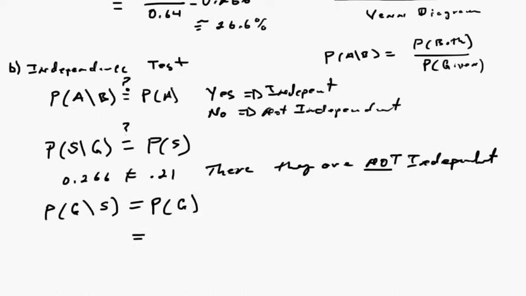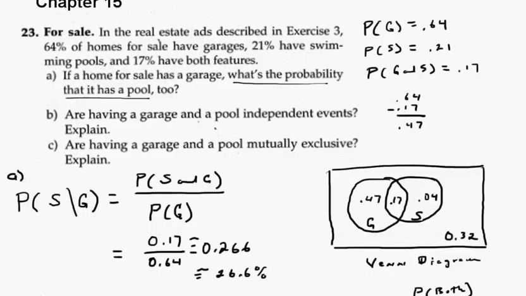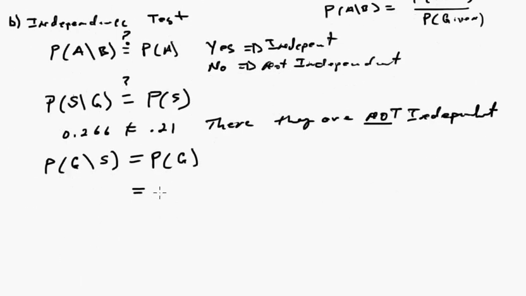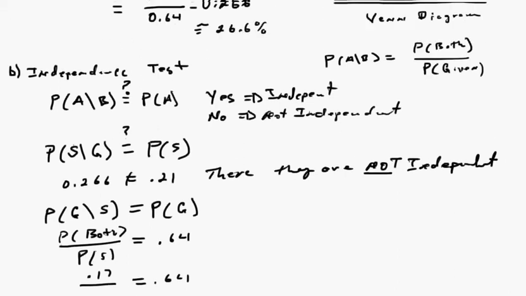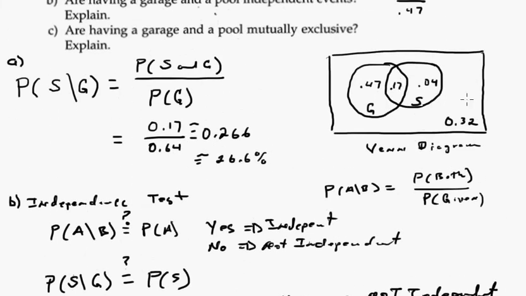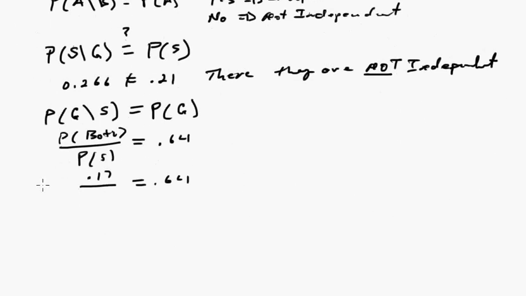The probability of a garage was 0.64, and the probability of both divided by the probability of a swimming pool, both again would be 0.17 divided by 0.21.